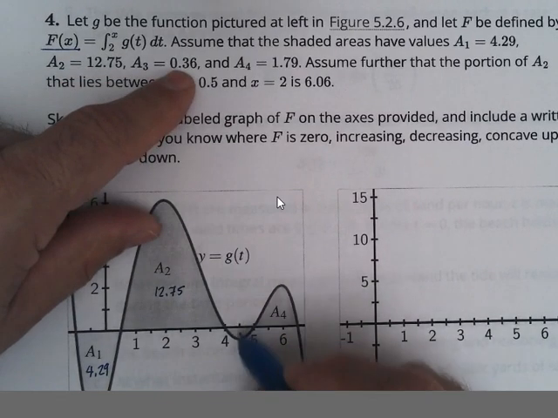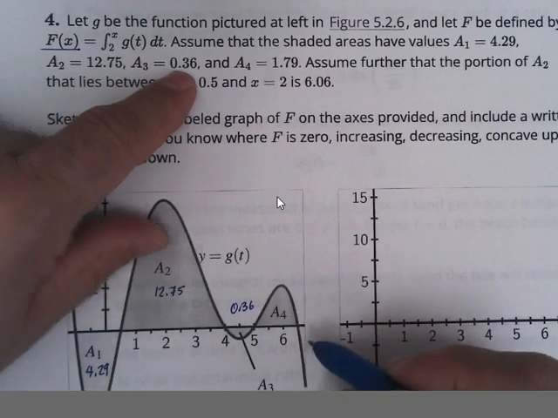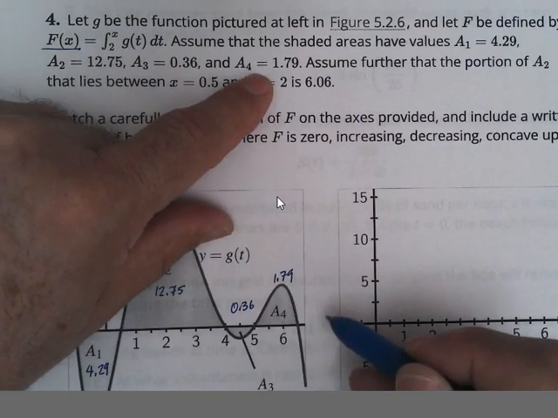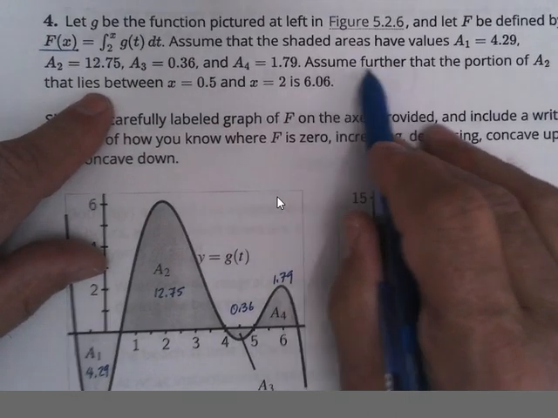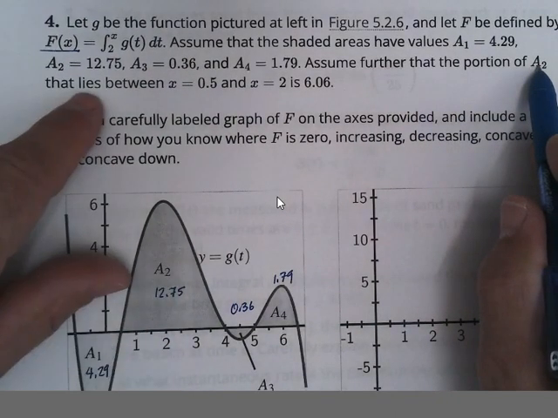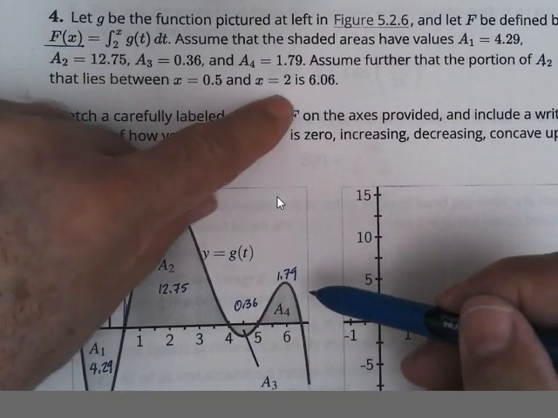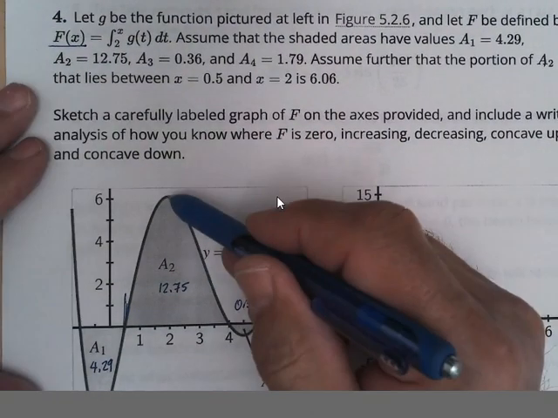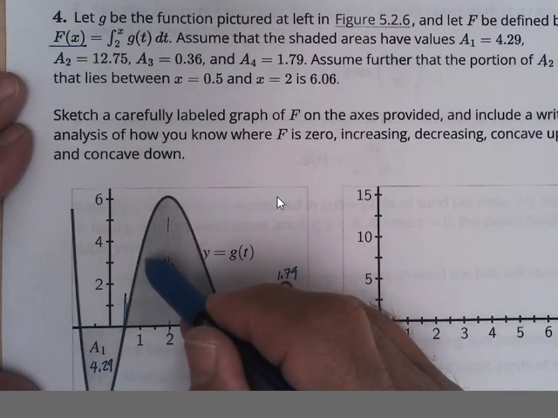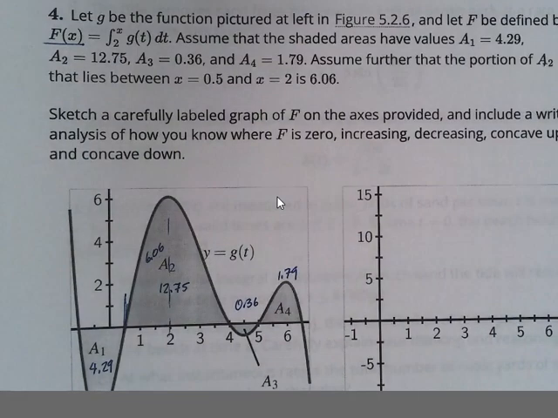This area is 0.36, and this area is 1.79. And assume further that the portion of A2 that lies between 0.5 and 2, the area on this side is 6.06.